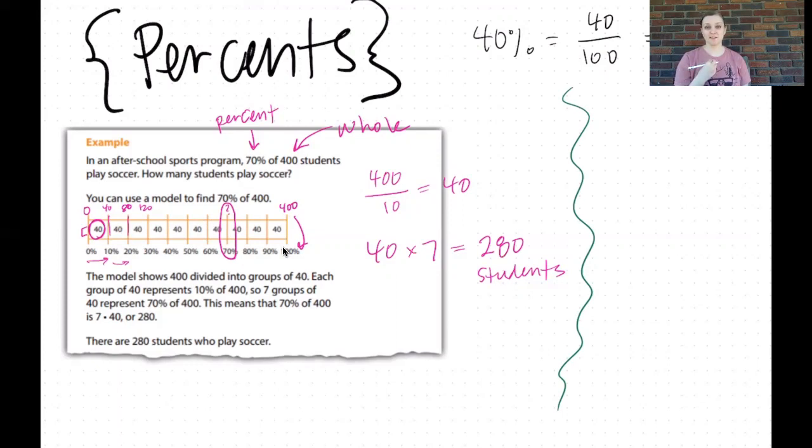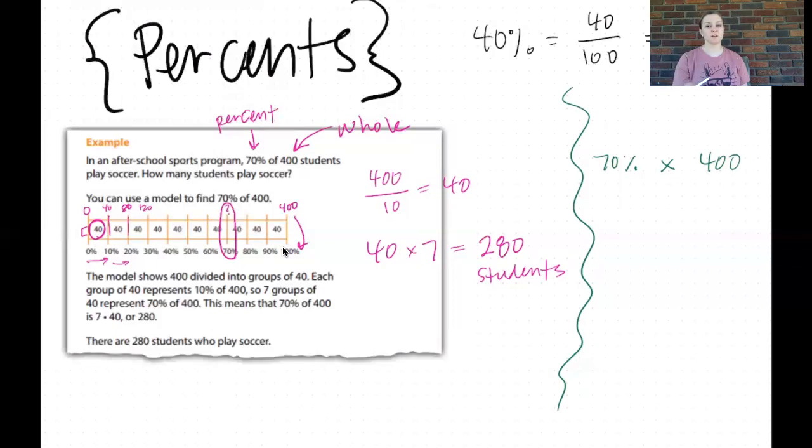When we see of, that means that we are multiplying. So the easiest way that I do this is that 70% of means times my whole, my 400. Okay, when it's a whole, we are multiplying, right? Of means we multiply. So I can do 70% times 400.